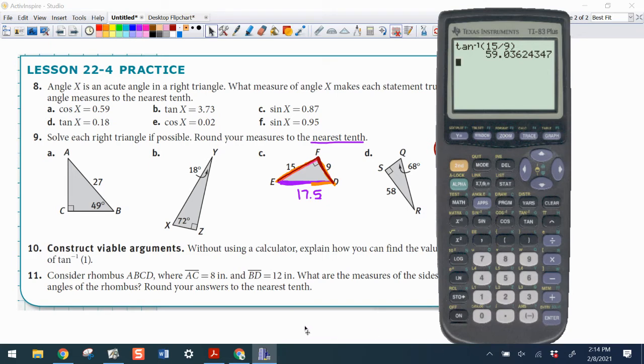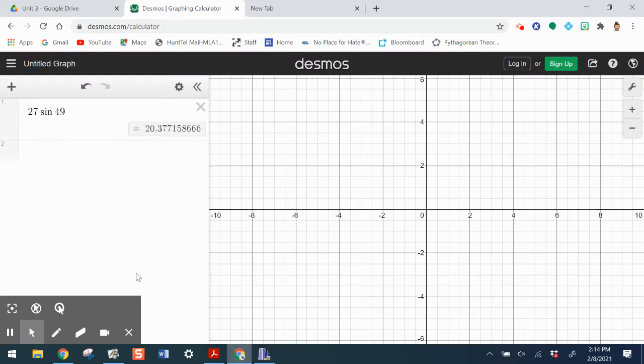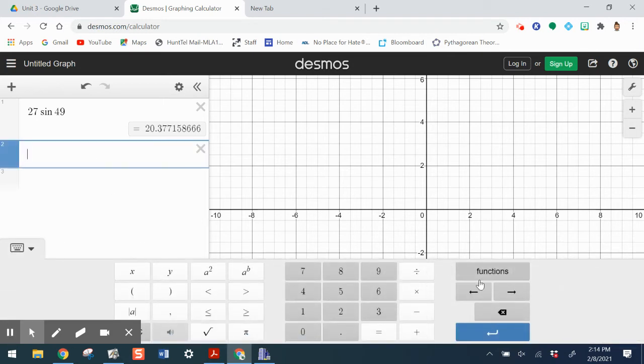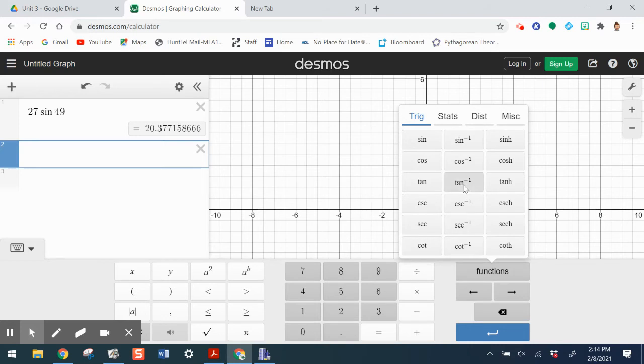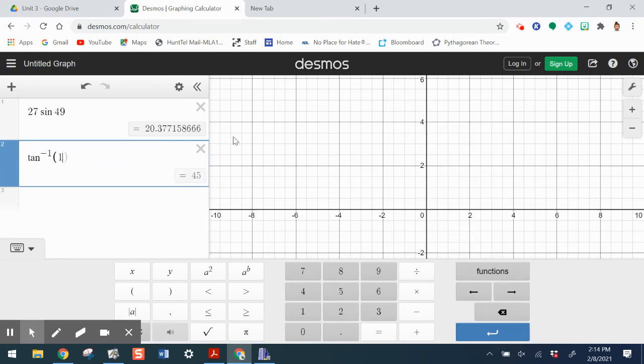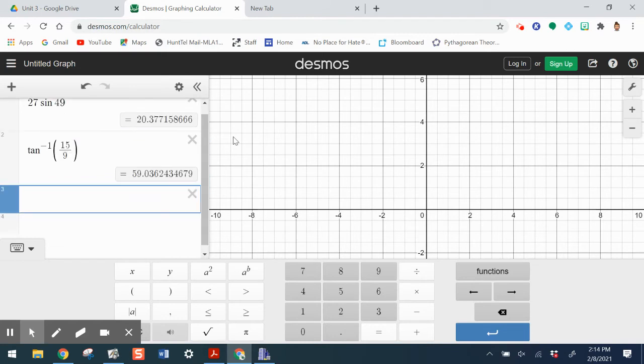I'll also show you how to do that on the Desmos calculator. So we're going to go to functions, tangent inverse of 15 over 9. Notice we get 59.0 again.